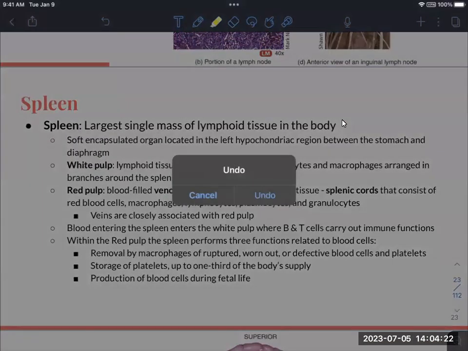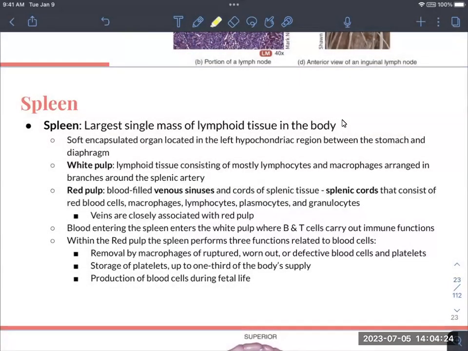Another secondary organ would be the spleen. This is the largest lymphatic organ technically that we have. It contains different areas where it has white pulp and what is known as red pulp.